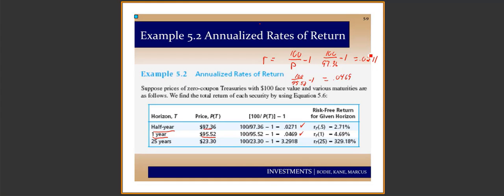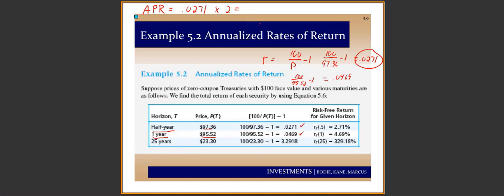Now let's take the 6-month number. We know that's a 6-month rate, but we need to annualize it. There are two things we could do to annualize that rate. We could either take into account compounding or not take into account compounding. If we do not take into account compounding, we could calculate what's called the annual percentage rate. The annual percentage rate is going to be our 0.0271, which is what we would earn over a 6-month time period, and let's simply multiply that times 2.